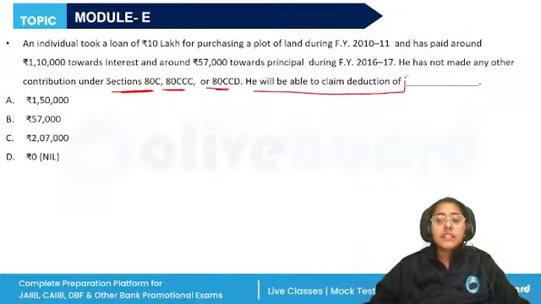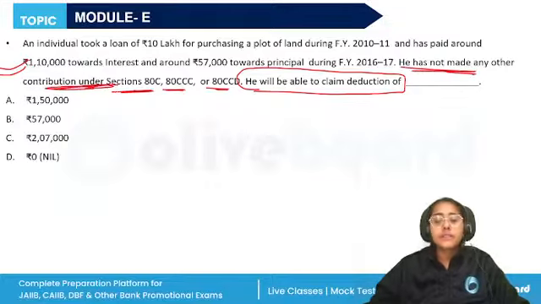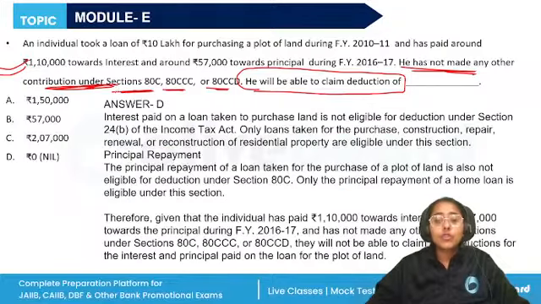He will be able to claim deduction. Now, the question, although it is very long and it might scare us seeing that a case study has been asked, all you need to see is that he has not made any contribution. And when he has made no contribution, then no deductions will be allowed.